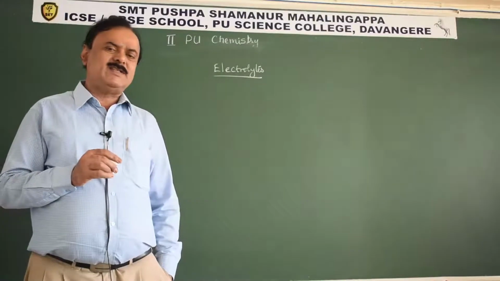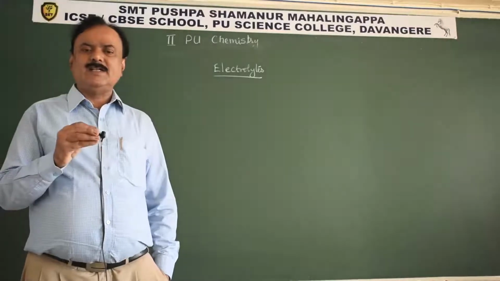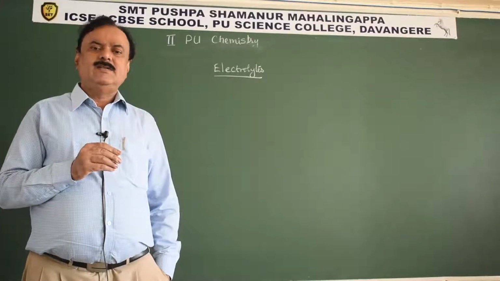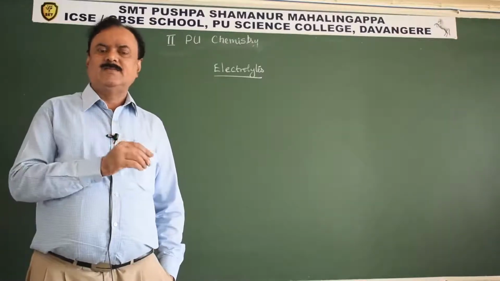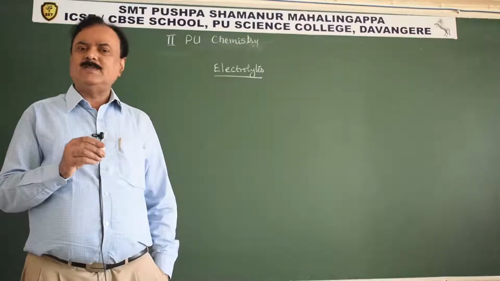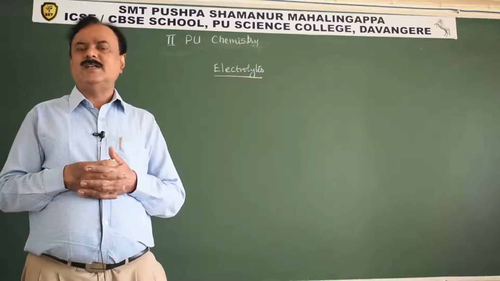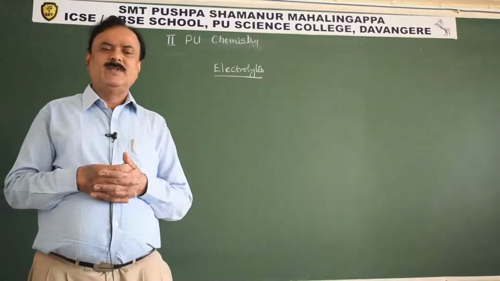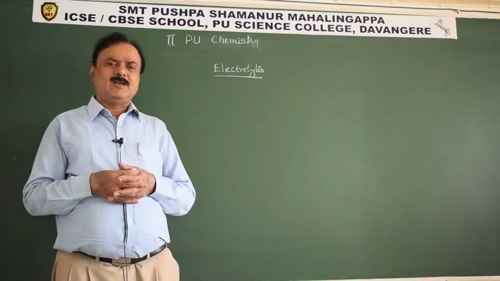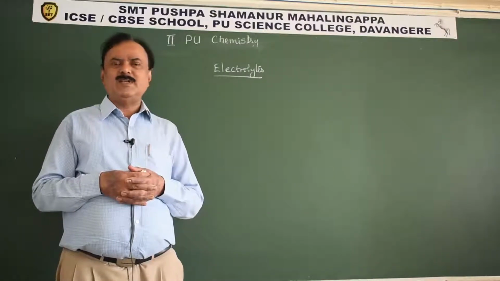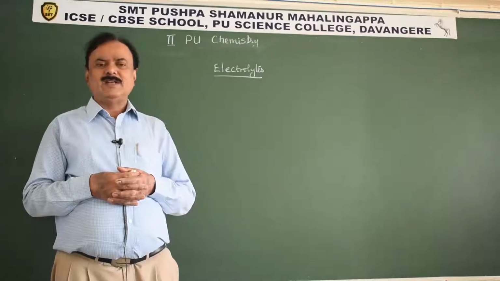These chemical substances are called electrolytes. They have the capacity to allow the passage of current, and they undergo ionization in aqueous medium. If they undergo complete ionization in aqueous medium, they are called strong electrolytes. If they undergo partial ionization in aqueous or solvent medium, they are called weak electrolytes.